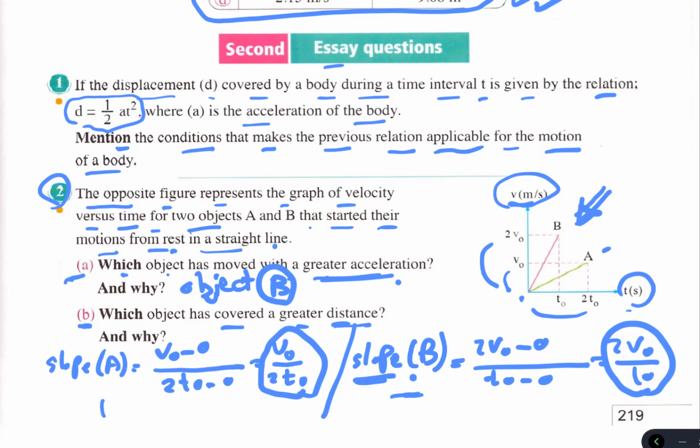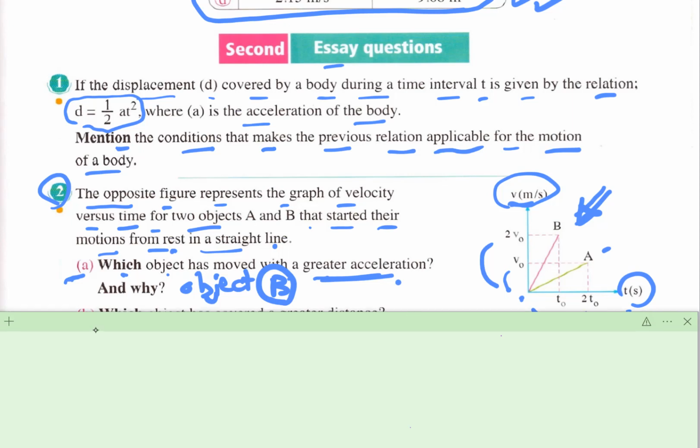The law, you know that D equals V initial T plus half AT square, and V initial is equal 0. You can get D for A and D for B. Or also you can get the area under each graph. Let's calculate it using the area.